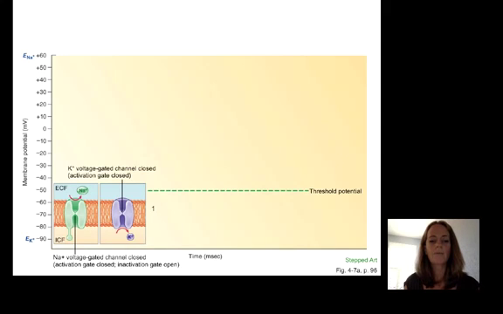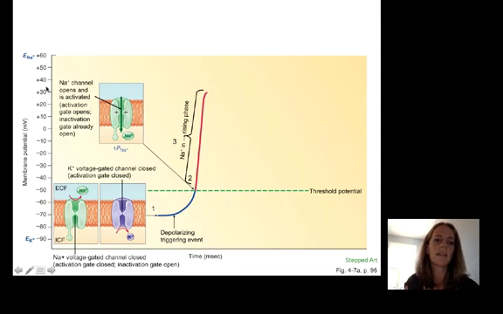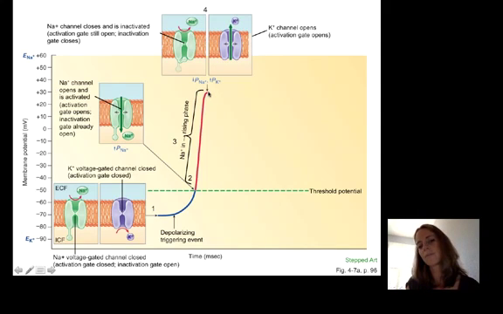So at rest, the voltage-gated channels are closed, and we're going to be at -70. We're then going to have a depolarizing event, which will be graded potentials adding up to threshold. At threshold, the voltage-gated sodium channels will open. Sodium rushes in, causing that depolarization from -70 up to about +30, +35.